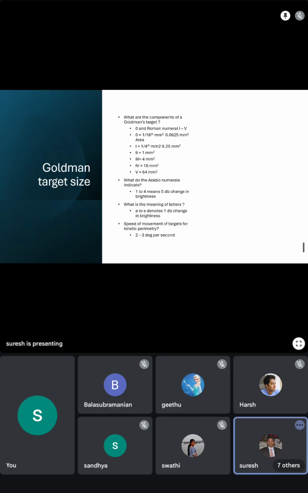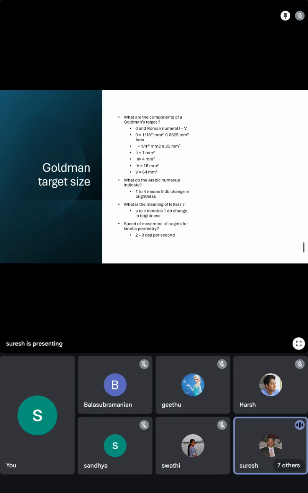The Arabic numerals indicate a 5 decibel change, so the difference is 5 decibels between each. And a subset of this is A to E. So 1A means 1 decibel and 1B means it is 1 decibel brighter than 1A.